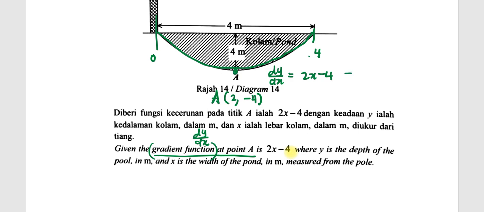At minimum point, your dy dx is equal to 0 as well. Don't forget that. And if you solve this expression or equation, what will you get? 4 over 2, you get back the 2. See? 2, I already did previously. Okay? This is just info. Okay, they say dy dx is 2x minus 4.